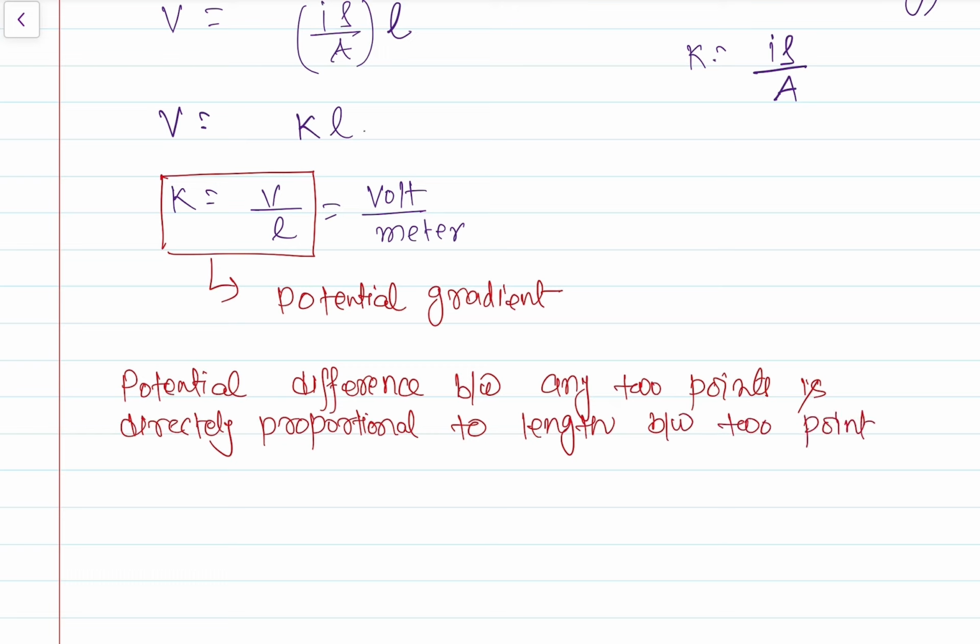If the length is more, then the potential drop will be more. If the length is less, then the potential difference will be less. So V is equal to K times L, V is directly proportional to L. Here K is the potential gradient.